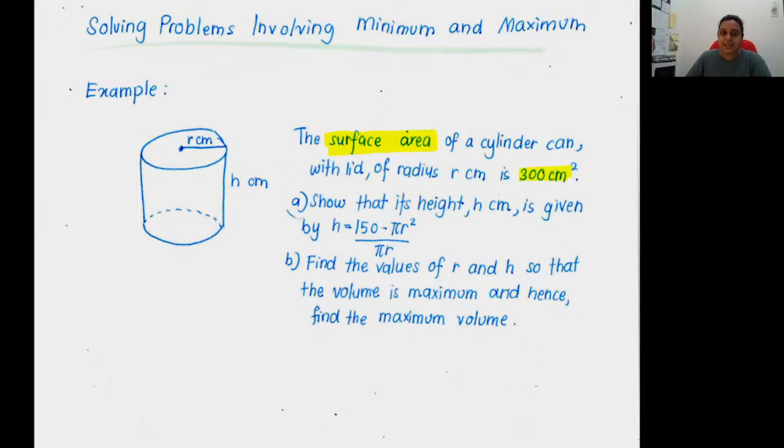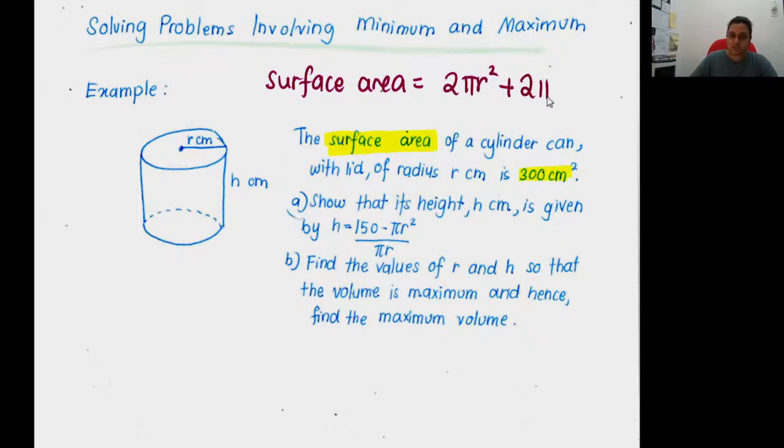What is the formula for surface area of a cylinder? Now this is very important. If let's say you don't remember, just Google it up. Write it down in your book first. The teacher already wrote down here: I have my surface area, which is 2 pi r squared plus 2 pi r h.